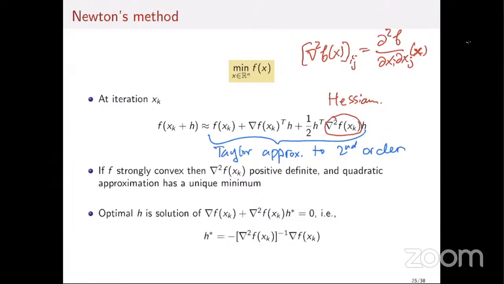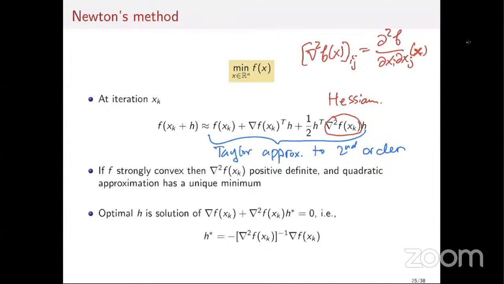And Newton's method exactly corresponds to doing this. At iteration xk, you form the Taylor expansion up to second order, and xk plus 1 is going to be the minimum of this Taylor approximation. If I want to minimize a quadratic, I just set the gradient to be 0.